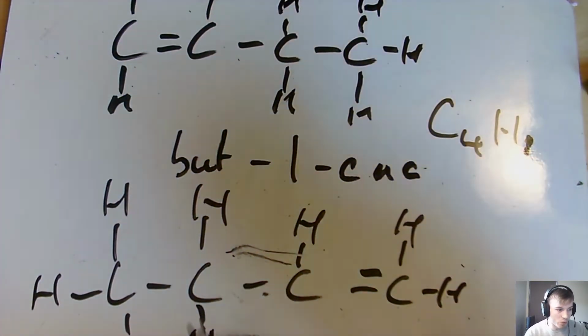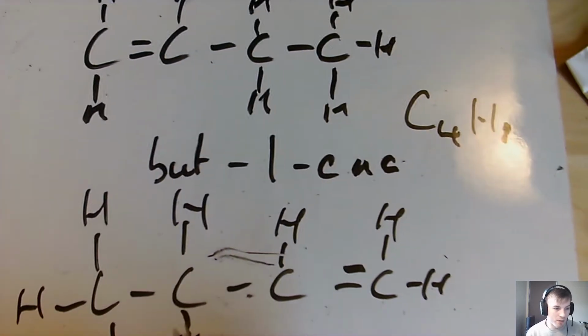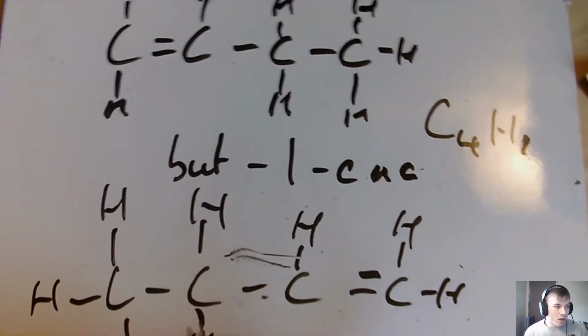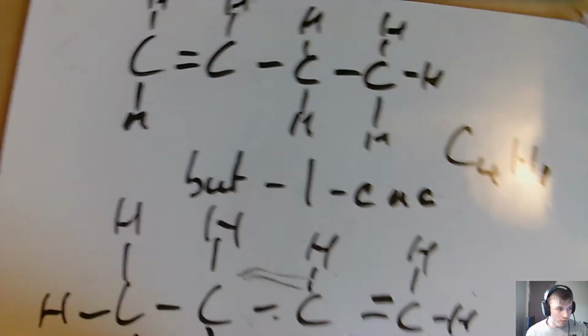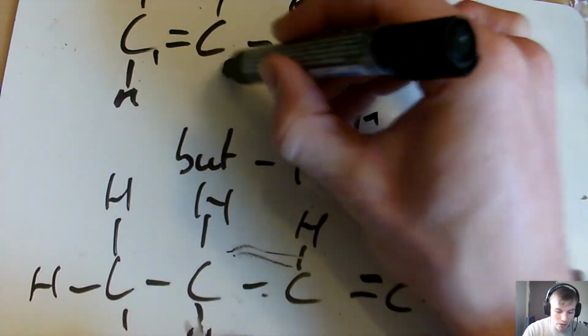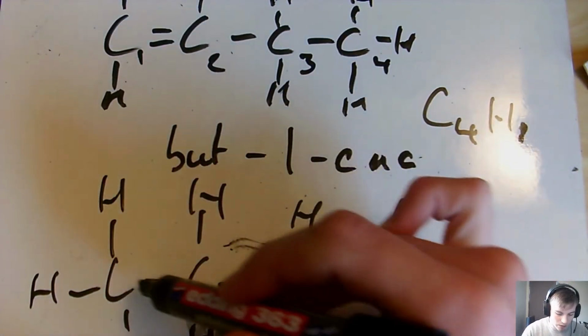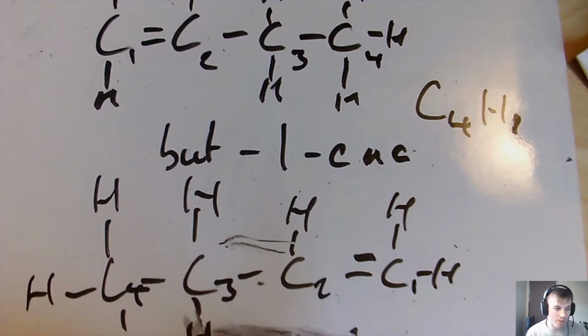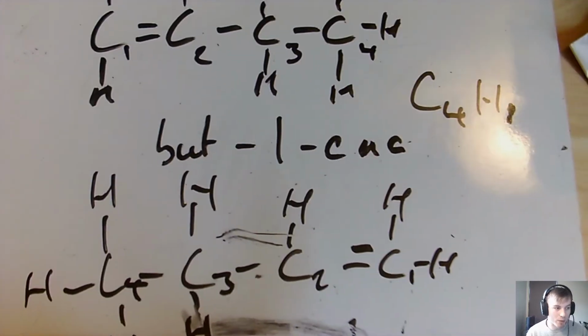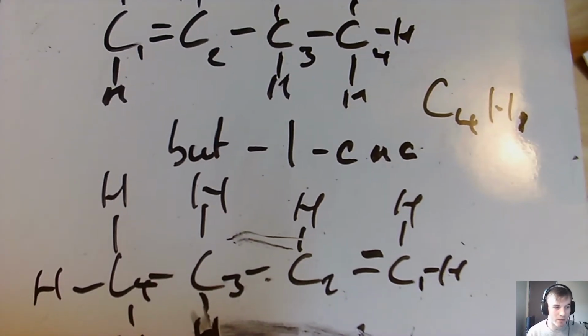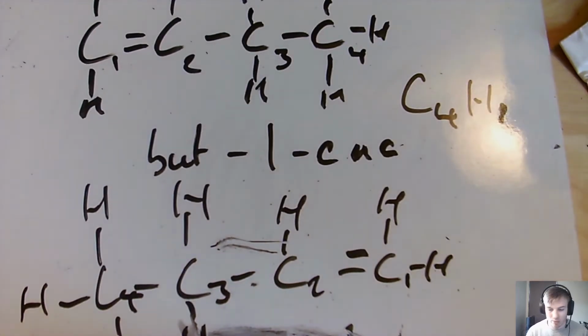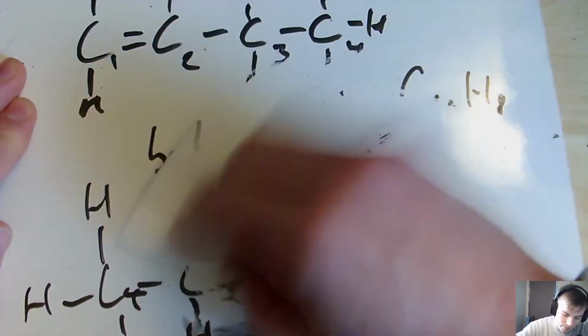They are both but-1-ene, exactly the same. When we're naming, we go from here 1, 2, 3, 4, and if we go from this side, that is 1, 2, 3, 4. Both have 4 carbons, both have 8 hydrogens, and both have a carbon-carbon double bond between the first and second carbons, which means they're both but-1-ene. Lovely.